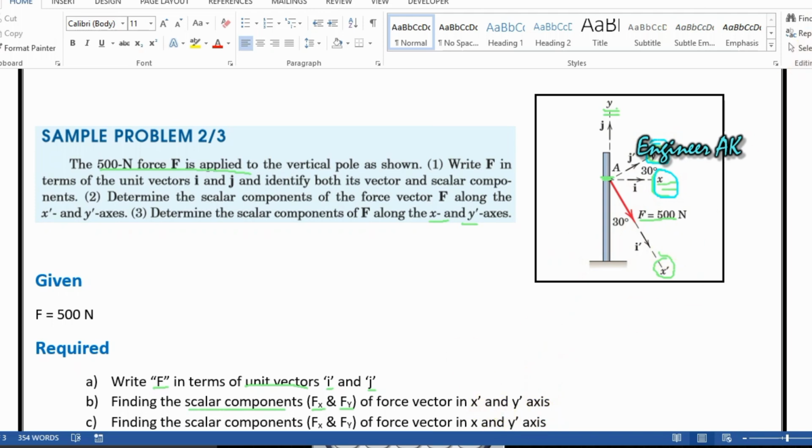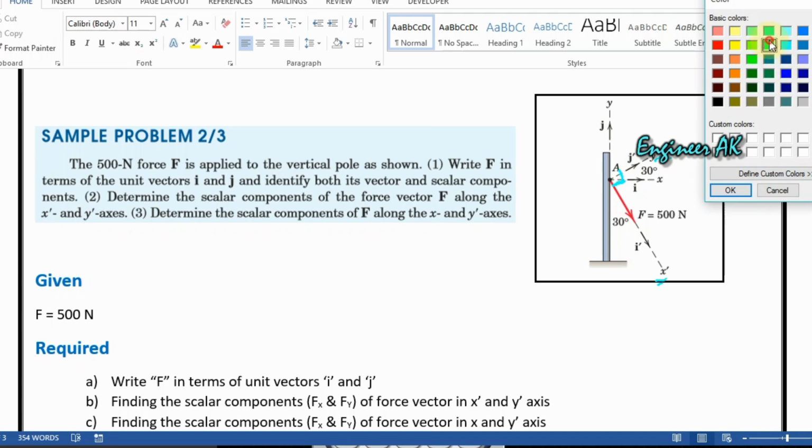Now we are just given this force. Let me make one thing clear first. As you can see, this is the x dash and this is the y dash, and they are perpendicular to each other, so they make an angle of 90 degrees.